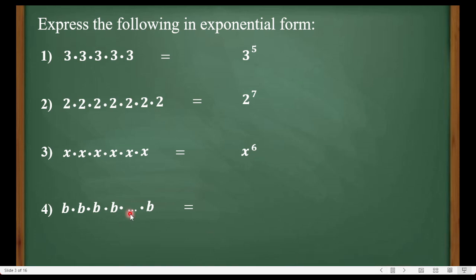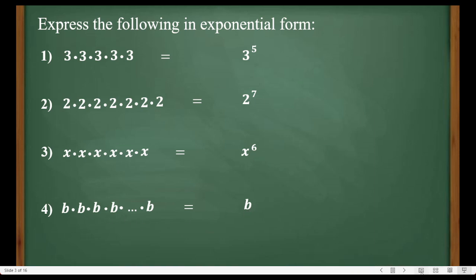Now, the symbol of 3 dots is known as ellipsis to represent some more factors of b that we are not sure how many of them. So ganito yan. So obviously, yung sagot merong b, no? Then ang exponent or yung superscript number na ilalagay natin, hindi natin alam.